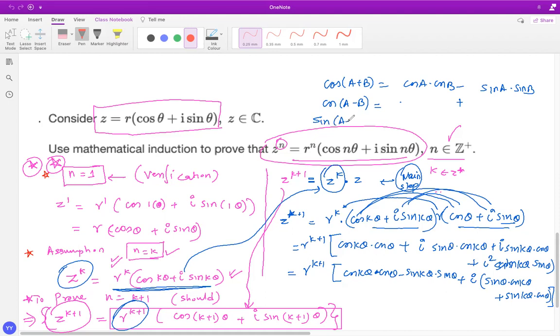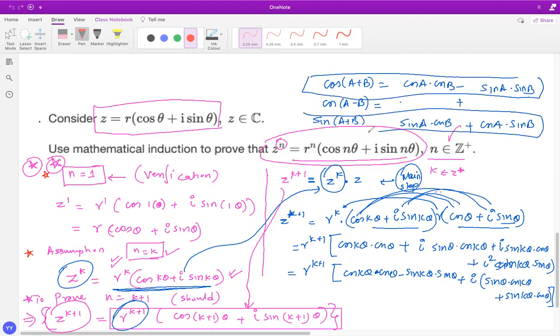Sine A plus B is sine A cos B plus cos A sine B. So now I'm just going to use this one and the third formula to prove my answer. If you look at this part, there is cos A cos B minus sine A sine B.